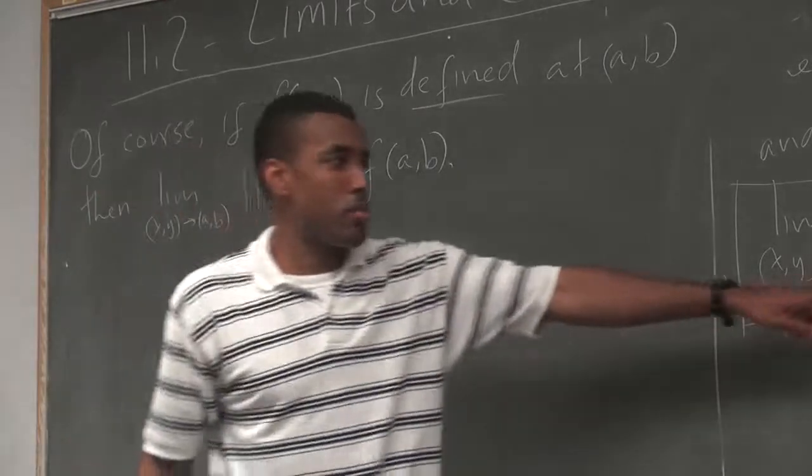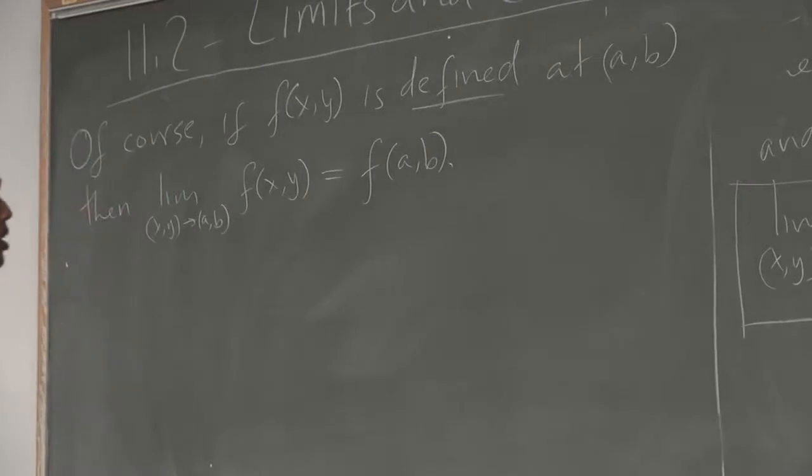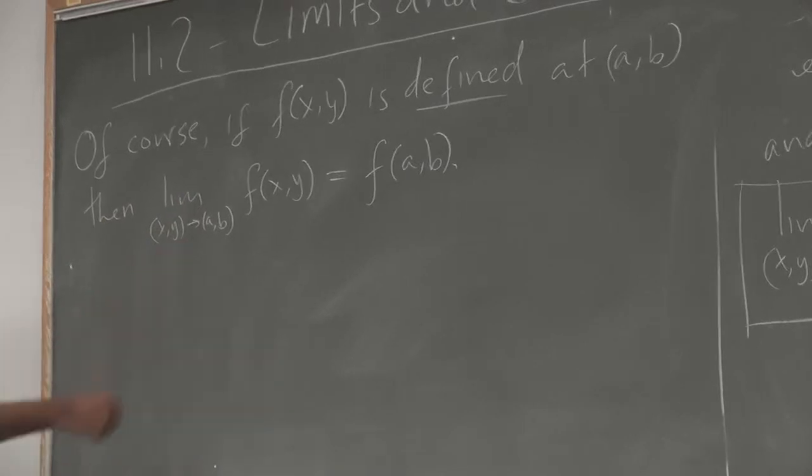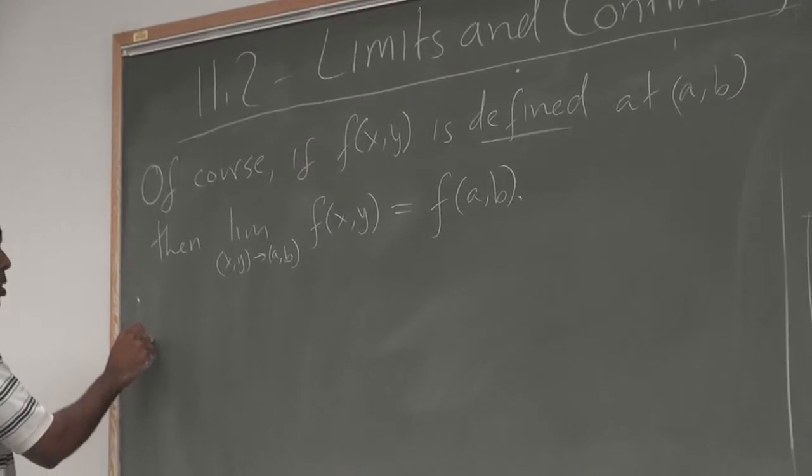Here I couldn't just plug in the numbers because I'd actually divide by 0. But there are cases where you can just plug in the numbers. And in fact, what I've just written down is what we're going to talk about next. This is the definition of continuity, which is a mistake that a lot of people made on the quiz, but I guess I'll talk about that next time.